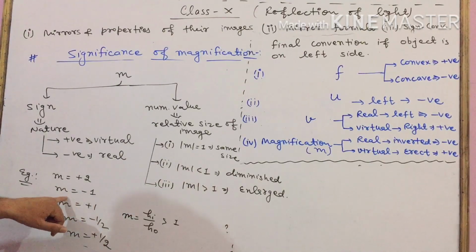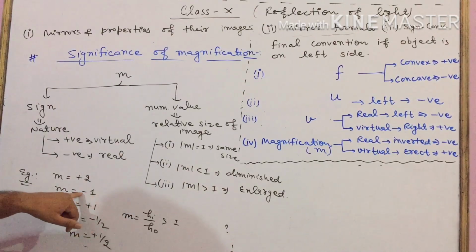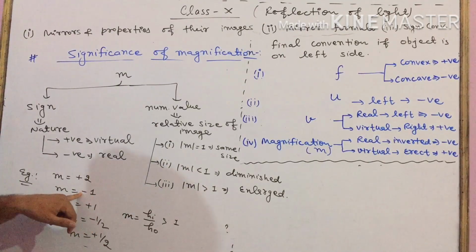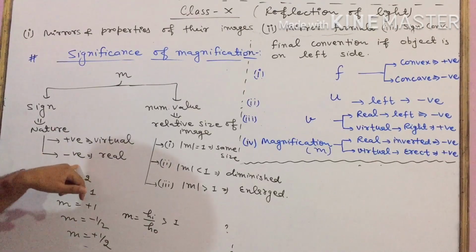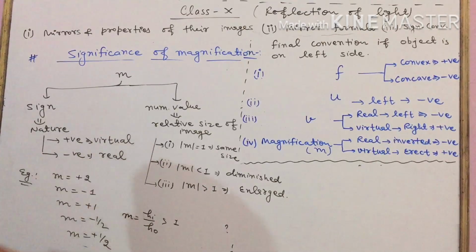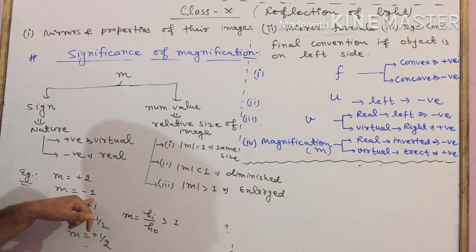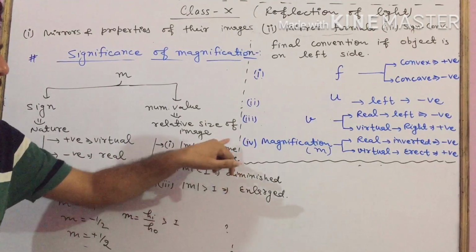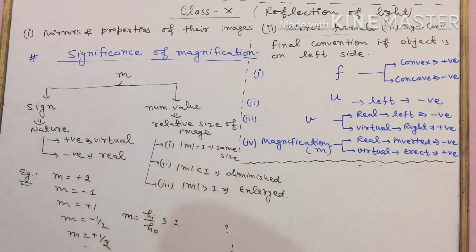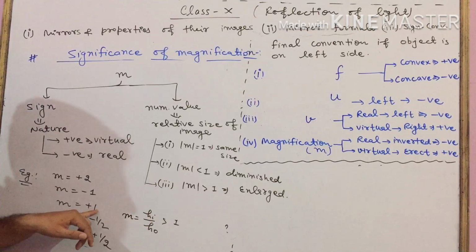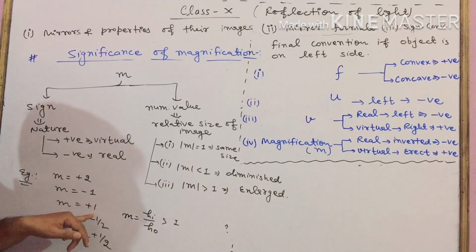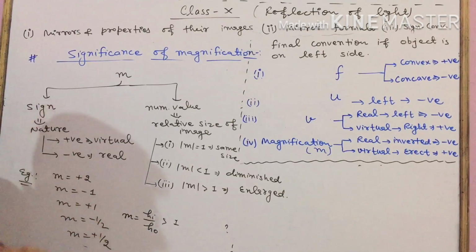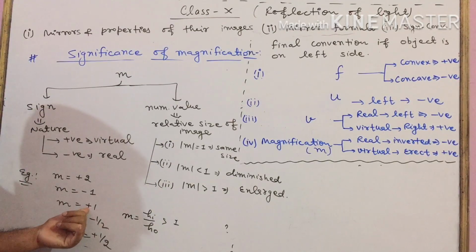In the second case, magnification is -1. The minus indicates that the image formed is real, because the sign is negative. Because the numerical value is 1, the image has the same size as that of the object. In the next case, magnification is +1. Again the numerical value is 1, which means again the image has the same size, but the difference is in sign.